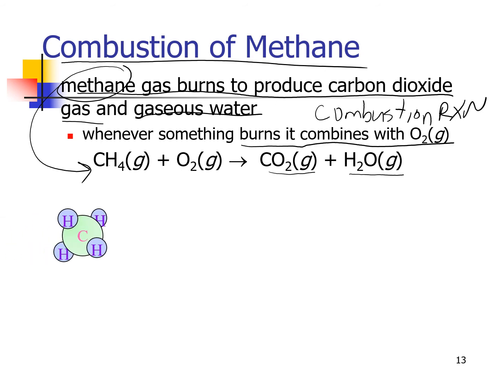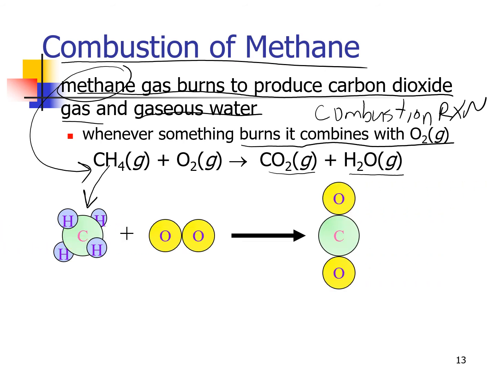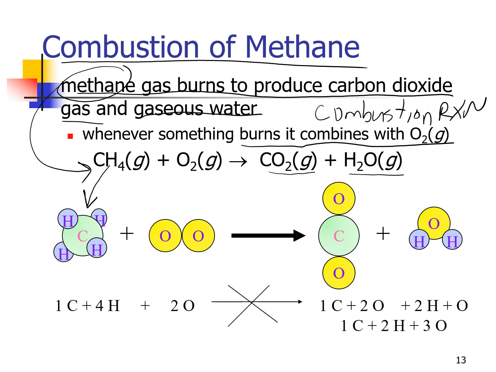This picture down here represents a molecule of methane, or CH4. Here's a molecule of oxygen, and we're producing carbon dioxide gas and water. So let's determine if this is balanced.